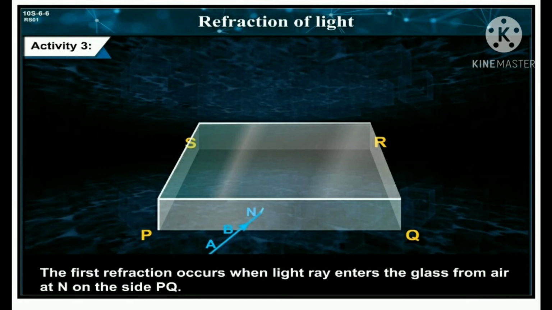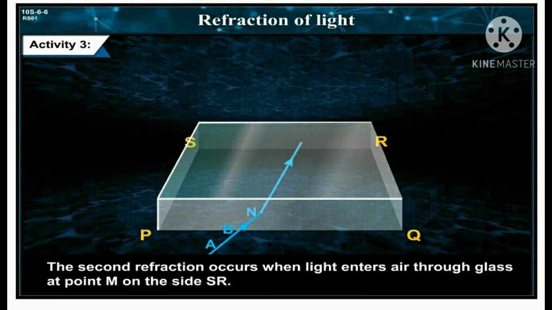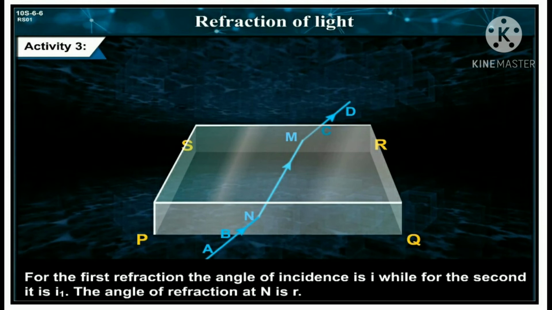The first refraction occurs when light ray enters the glass from air at N on the side PQ. The second refraction occurs when the light enters air through the glass at point M on side SR. For the first refraction, the angle of incidence is small i, while for the second it is small i1.